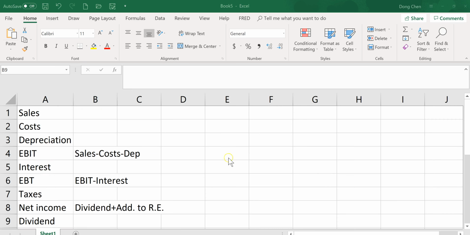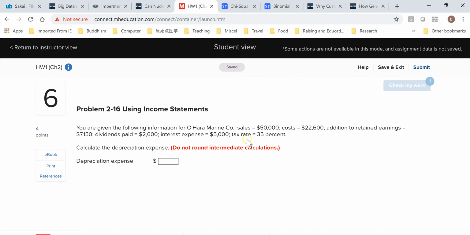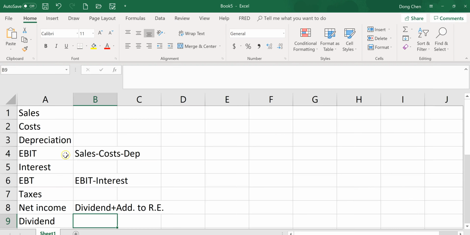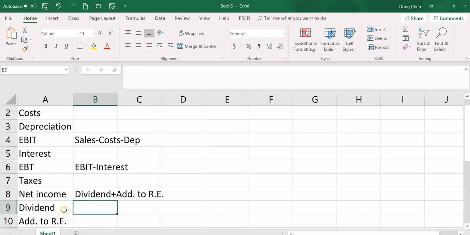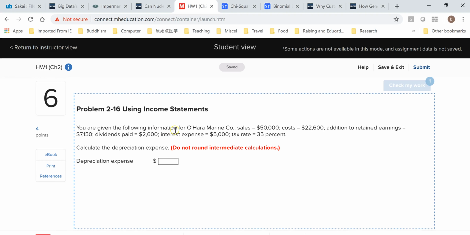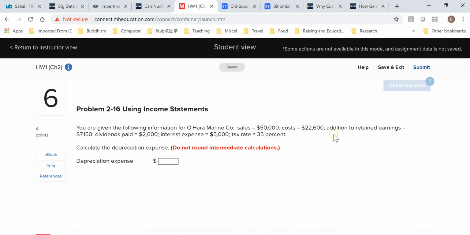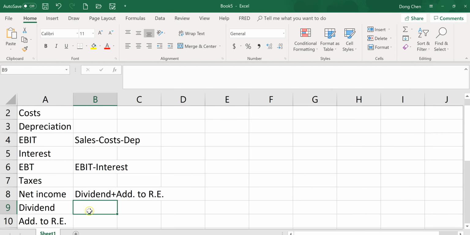So that's why we cannot follow this general approach from the top to the bottom. What we can do is go backwards, because dividend and addition to retained earnings are provided. So we can figure out net income immediately.